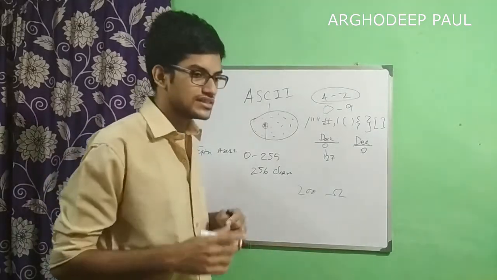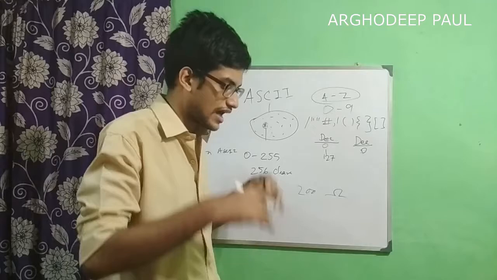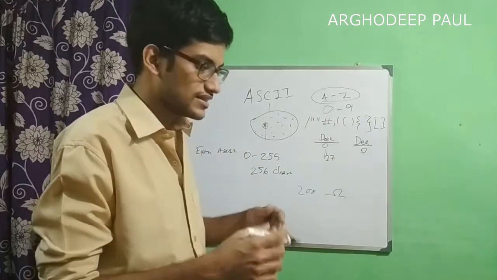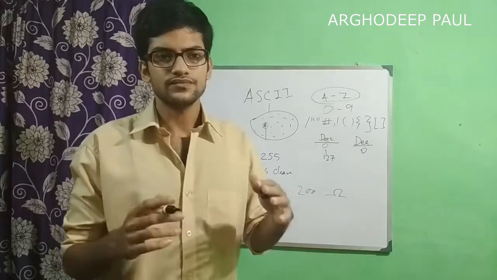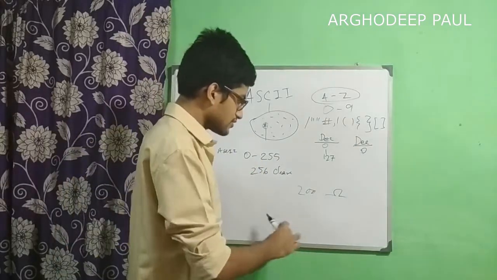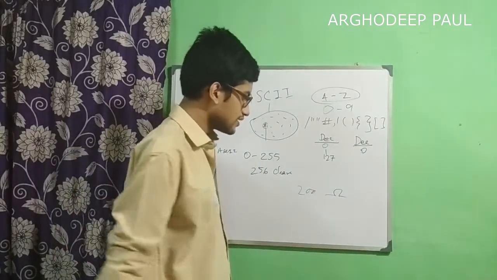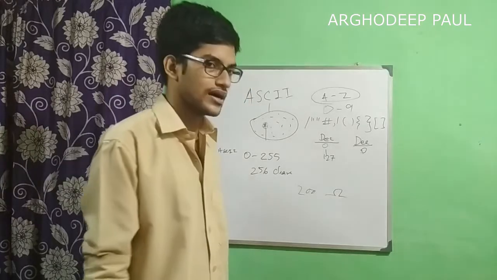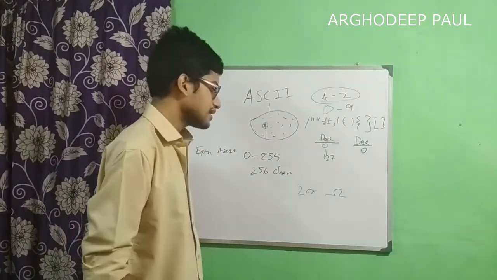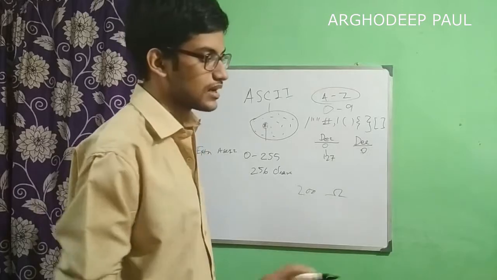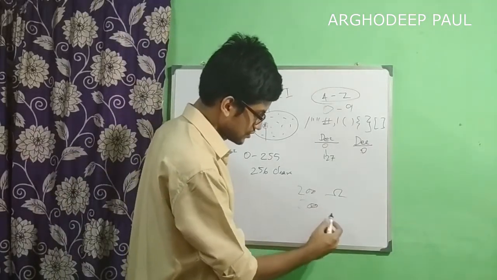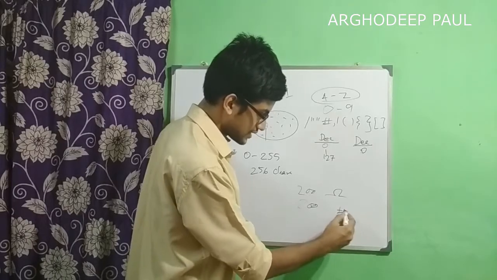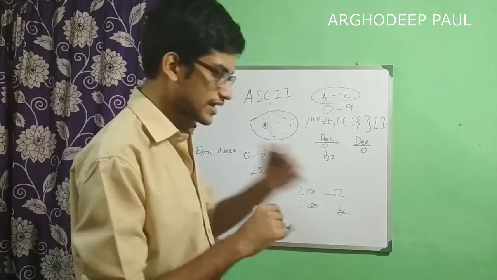Let's say I'm Chinese or from any other region, and I have extended my ASCII table and added my own character set, and after doing that I have 200 assigned to omega. And someone else, let's say in Germany or some other country or region, has assigned the same number to hash or some other character. Now there will be a character conflict.